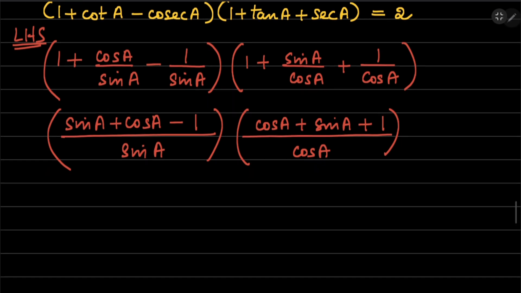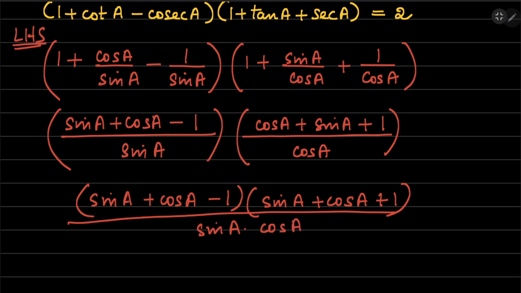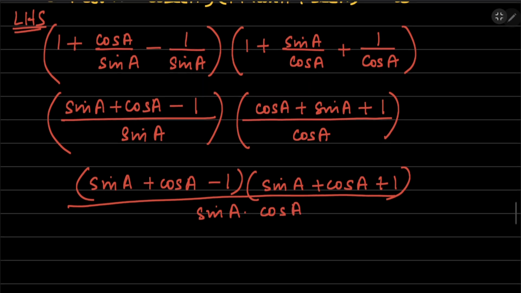Okay. So here it is just a product. So I can write it as (sin A plus cos A minus 1) multiplied by (sin A plus cos A plus 1), whole divided by sin A into cos A. Right? So this can be expanded.